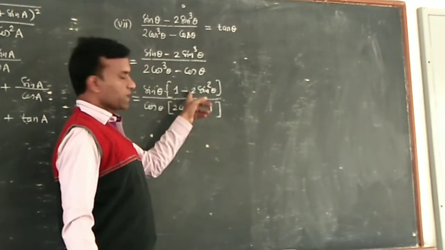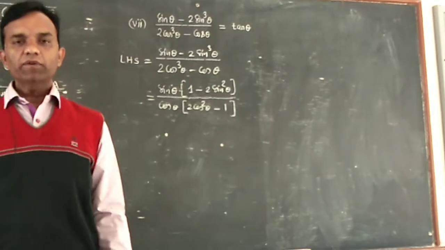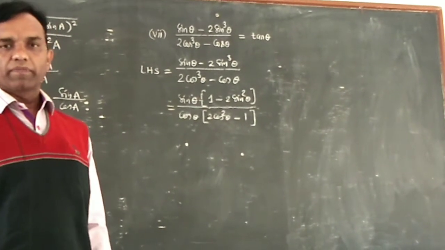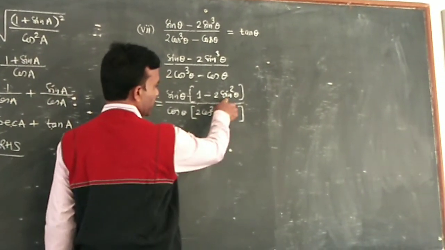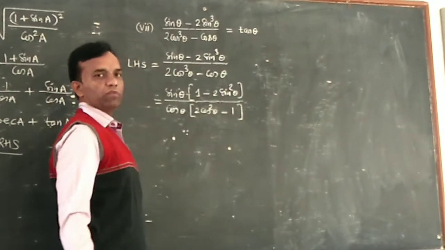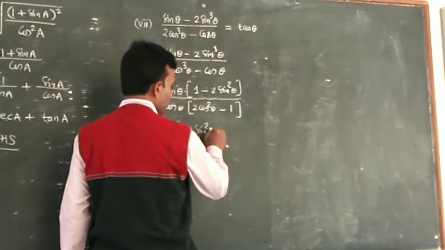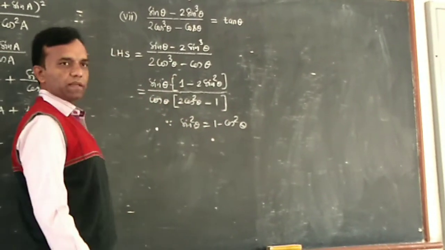But these two brackets are not the same. If they were the same, then they would cancel out. But your numerator has sin square theta and your denominator has cos square theta. So we know the identity: if you change one trigonometric form, like sin theta, to cos theta, then use the identity sin square theta equals 1 minus cos square theta from the first identity.